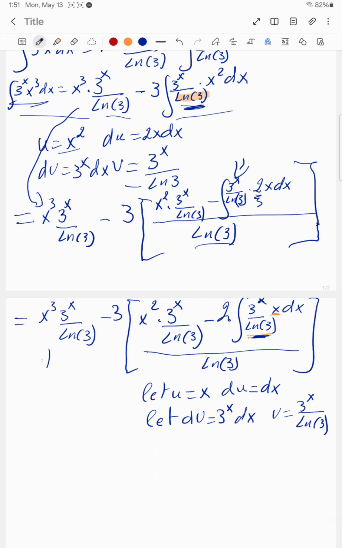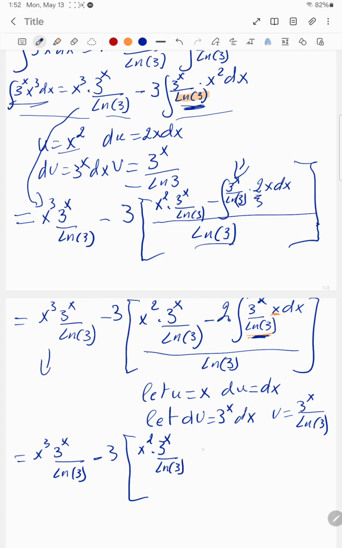So let's recopy all that. So it becomes equal x to the power of 3 times 3 to the power of x divided by ln of 3 minus 3, and I open my big parenthesis or bracket. It is x squared times 3 to the power of x divided by ln of 3 minus 2, and let's do it now.